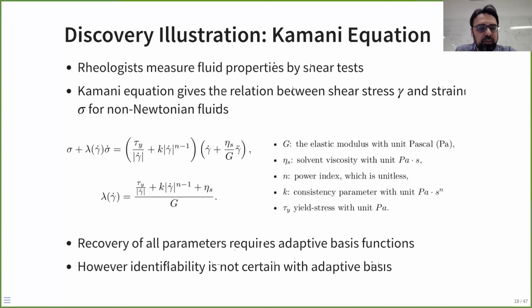However, the problem is that if you use adaptive basis functions, then identifiability is not certain. With fixed basis functions from classical system identification theory, you can show that you can identify the coefficients. However, perhaps we can partially do this.